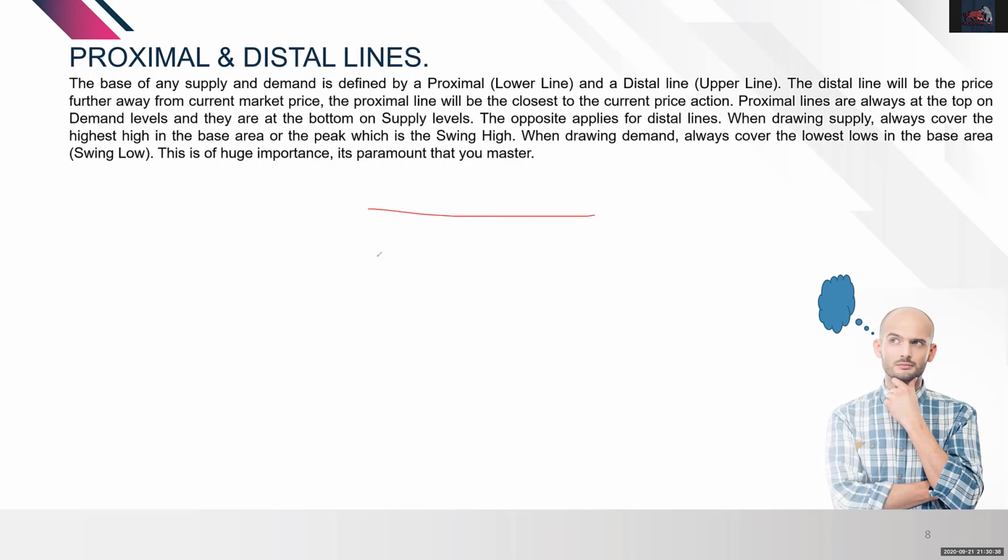So you've got your supply zone here. This is for illustration. This line here, the lower line, is what we call the proximal line on a supply. On a supply, the upper line we call the distal line.